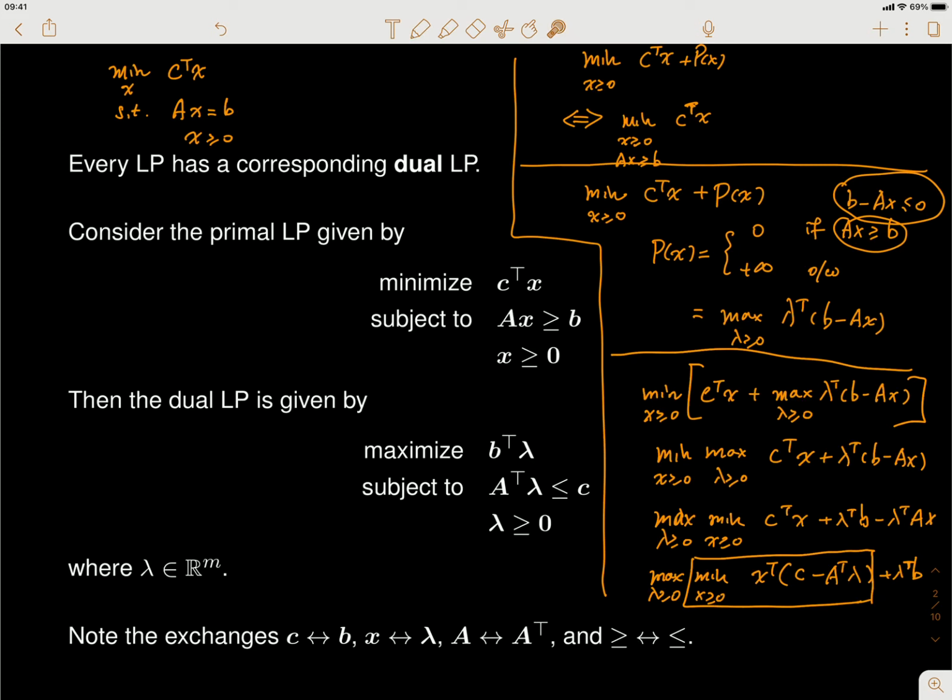So just to find the minimizer of x such that this one is minimized, and then we add this function of lambda. So this whole thing here can be considered as q(lambda). So this whole thing here is just q(lambda). Okay, now the question is, what is q(lambda)? Okay, let me erase this and figure it out.